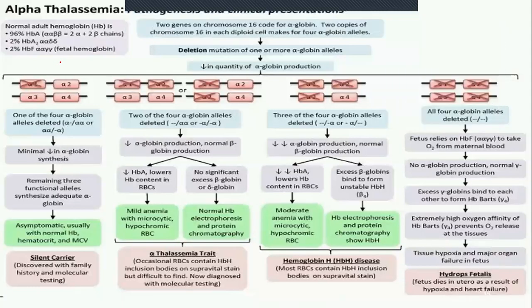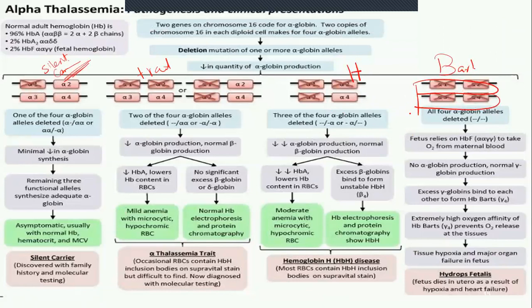So this is silent carrier. When 2 genes are affected, thalassemia trait. 3 genes are affected, hemoglobin H. 4 genes are affected, this is hemoglobin Barts. We can make it like this: all the 4 genes are affected.